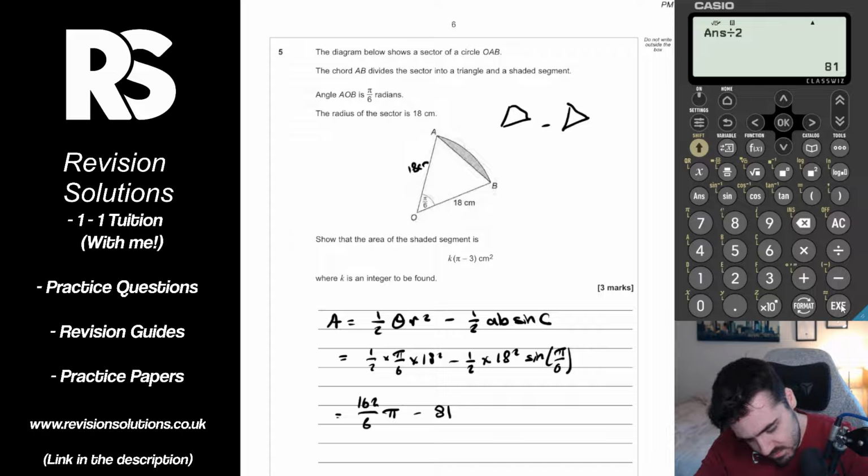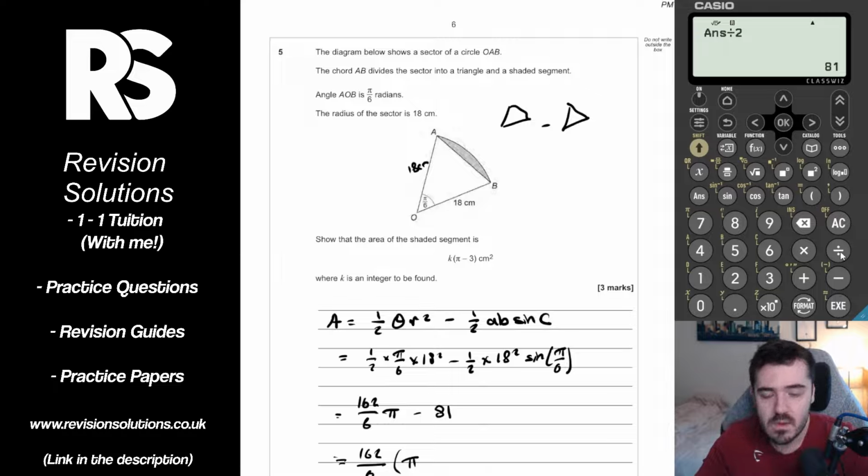So if I want to just get pi, I need to take 162 over 6 out as a factor of this term. So 162 over 6, and then we'd have a pi. And then 81 divided by 162, but then times by 6.